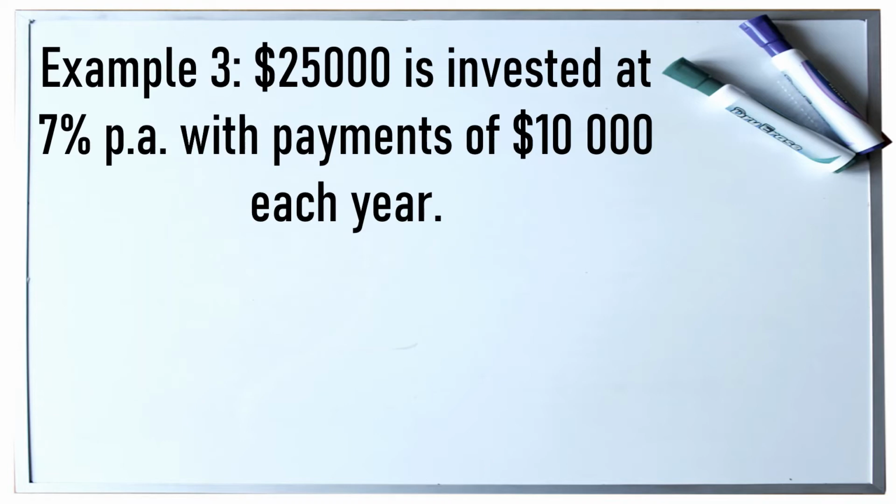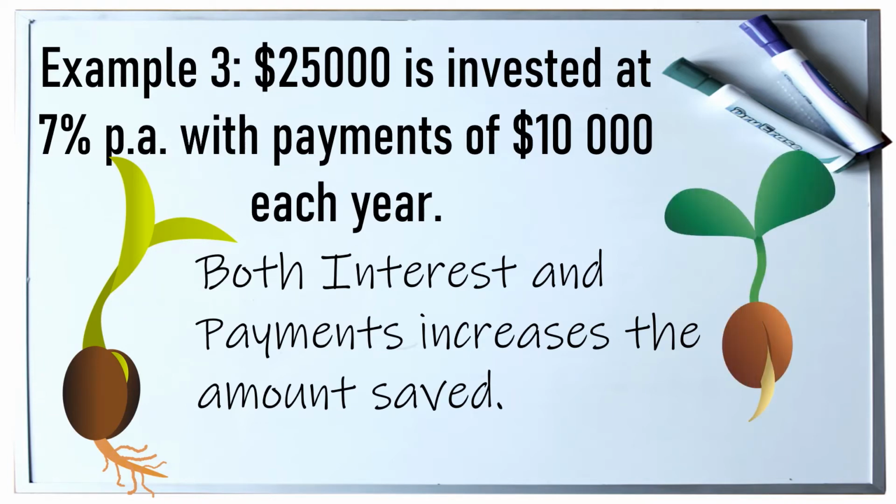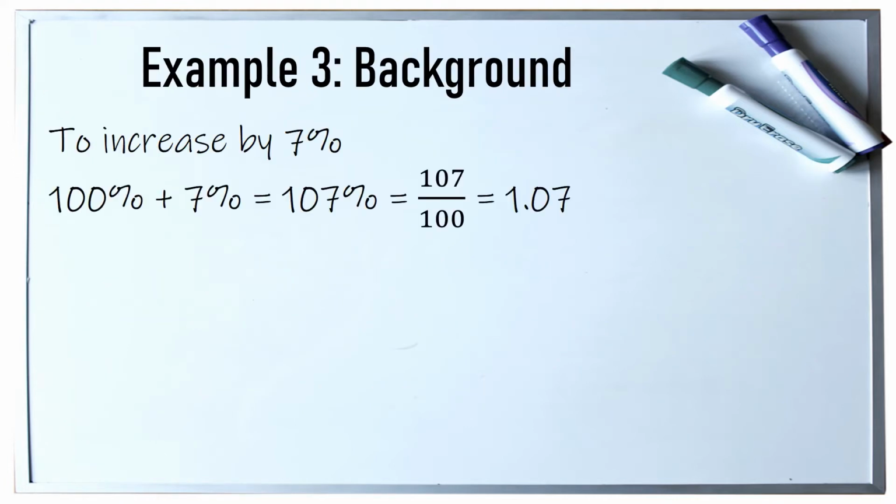Example 3. $25,000 is invested at 7% per annum with payments of $10,000 each year. Both interest and payments increase the amount saved. To increase by 7%, 100% plus 7% is 107%, which is the same as 1.07.